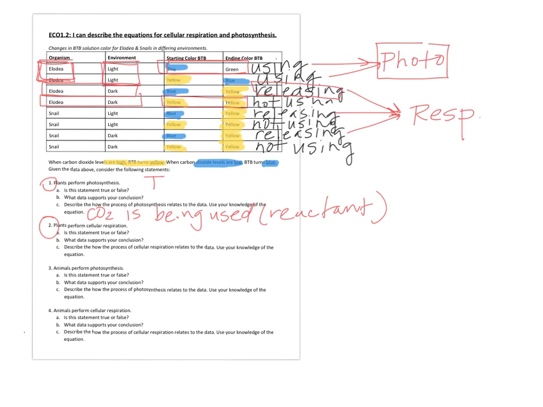So for number 2, the answer is true. The data that supports the conclusion, I just went over those 3 examples. And then the process of cellular respiration, CO2 is released. In other words, it's a product.